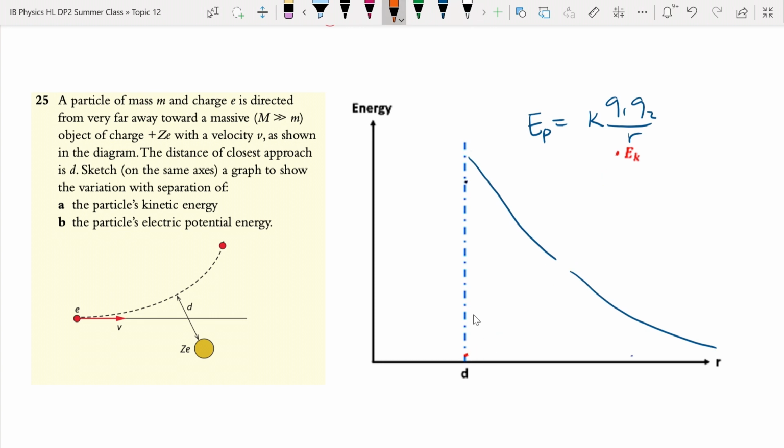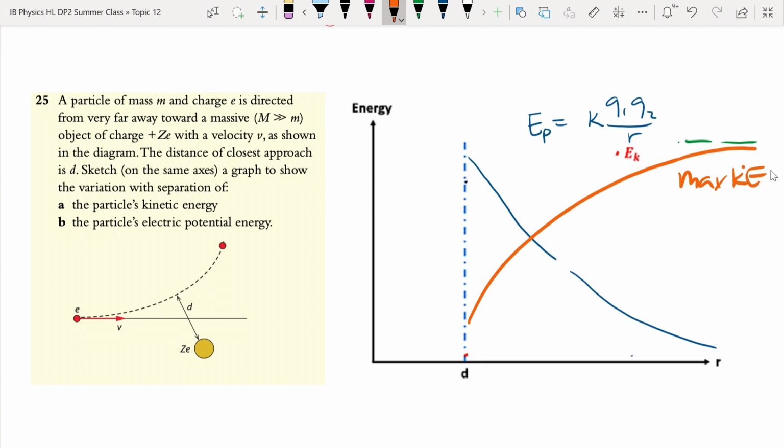It has to go in a curve like that, because it has a maximum kinetic energy when it's really far away from this atom, so it stabilizes at a certain asymptote. There is a limit to this kinetic energy.